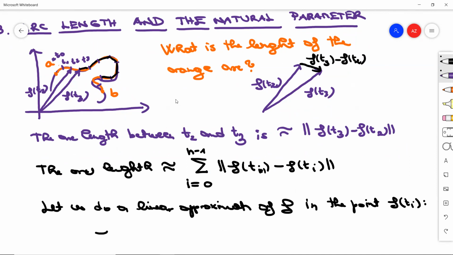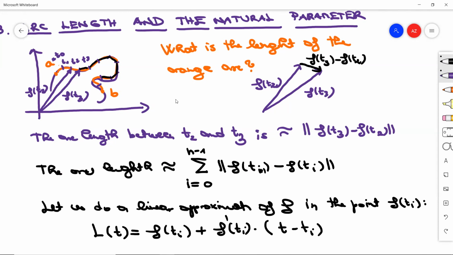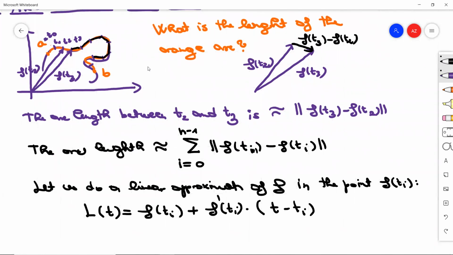The linear approximation in the point t is then f of ti plus the derivative in this point times t minus ti. So this is a linear approximation to the curve in the point ti, and we plug in ti plus 1, and what we get is f of ti plus f prime of ti times ti plus 1 minus ti.